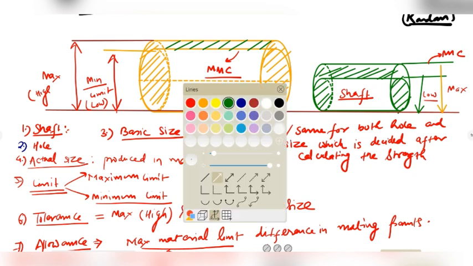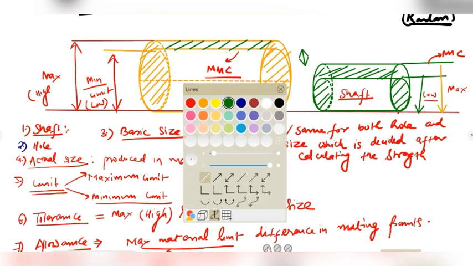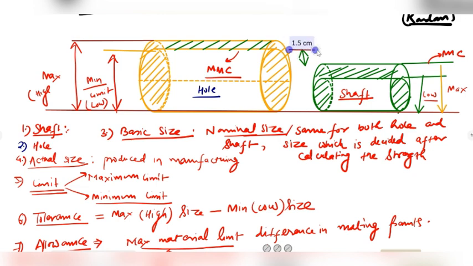So we can determine the value of allowance as the difference between the maximum material limits. This is the value of allowance: the difference between the maximum material condition for a shaft and for a hole.